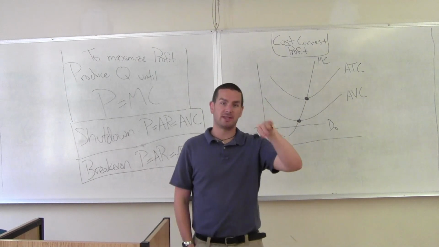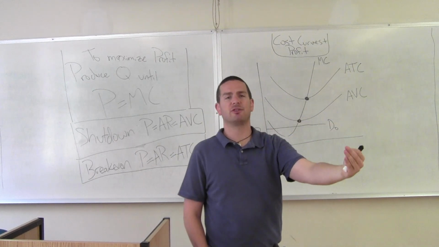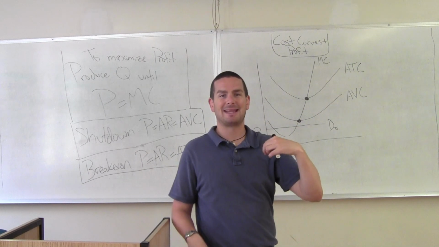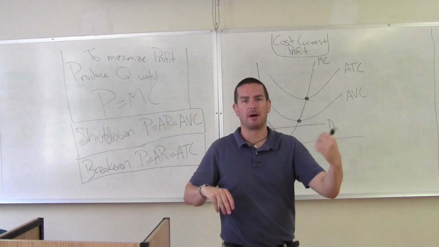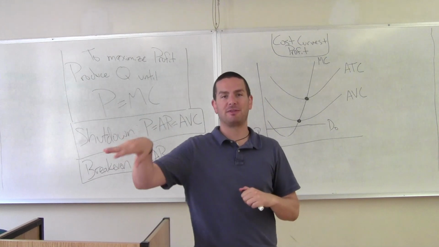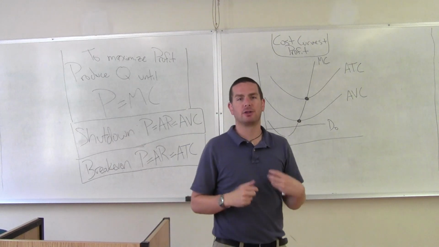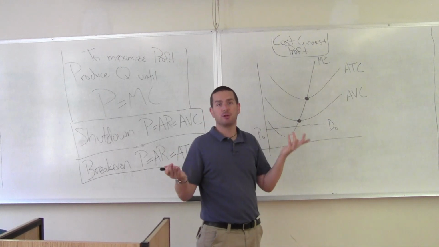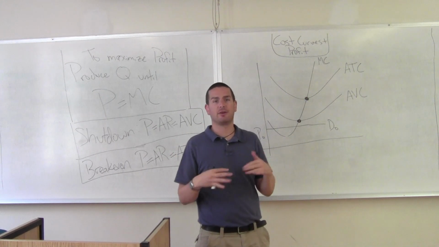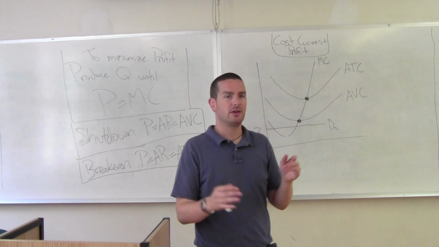If you're below the shutdown point, remember, your average revenue is less than your average variable costs. You're making 10 cents per water bottle, but you have to pay labor 15. So for every water bottle, you're losing 5 cents, okay? It doesn't make sense to produce. You shut down, the firm has gone out of business.